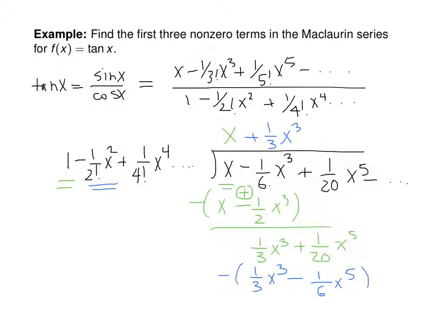Take that away. And what we have is 2/15 x to the 5th. So we'll multiply 1 by 2/15 x to the 5th, and there's your first three terms.